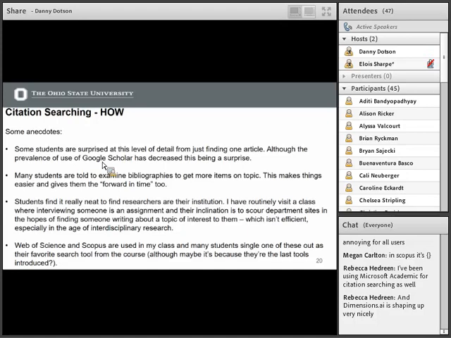I'm also a little surprised that students are not as commonly being told to look at bibliographies. Many are, but I expect to see more hands when I ask such a question in a class. But I do emphasize that this is an option, but also going forward in time as well.